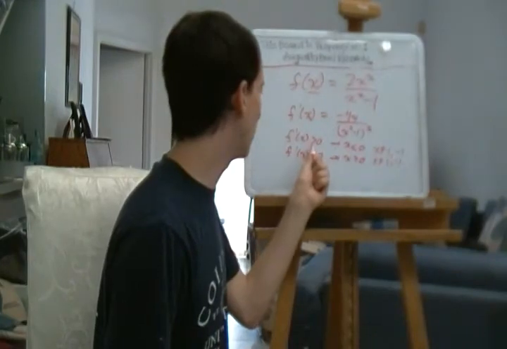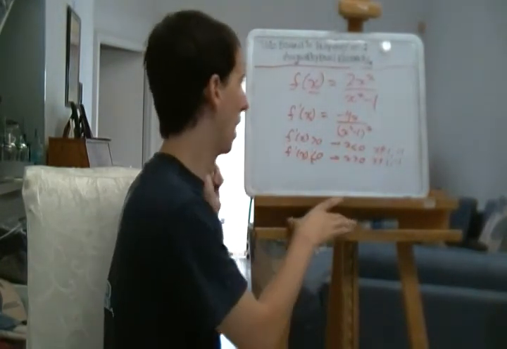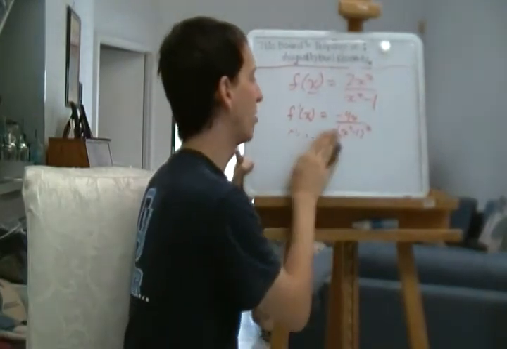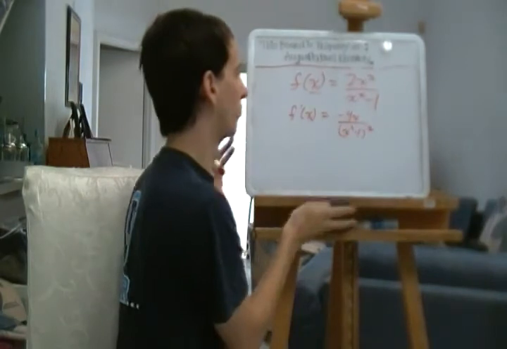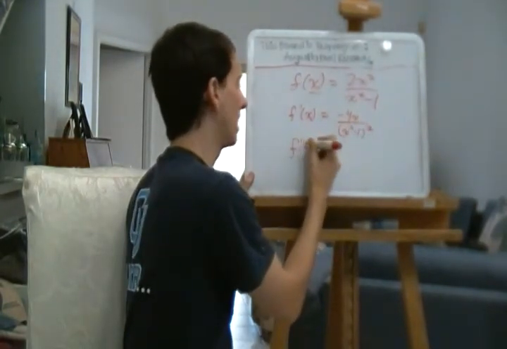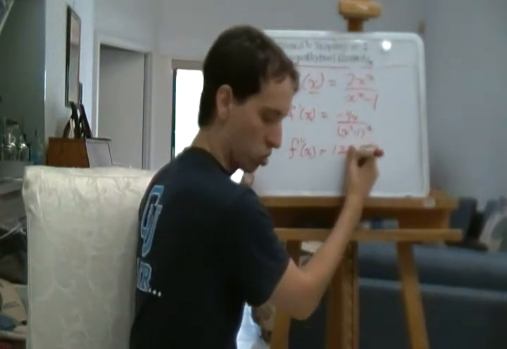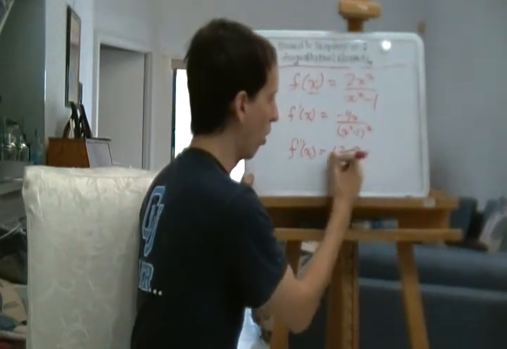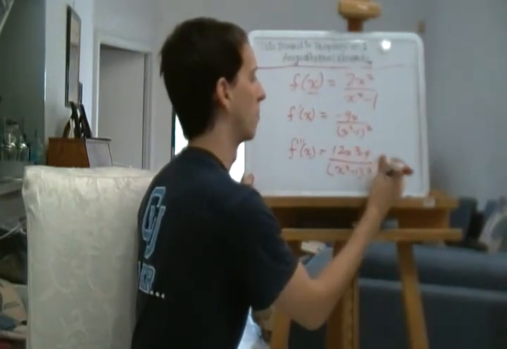So it's increasing at low numbers, decreasing at high numbers. Okay? Now, taking that derivative, we can find the second derivative. And the second derivative, once again using the quotient rule that for time we're going to skip, is 12x squared plus 4 over x squared minus 1 cubed.